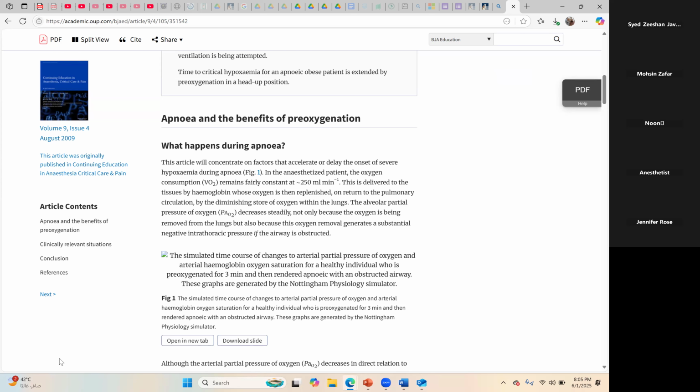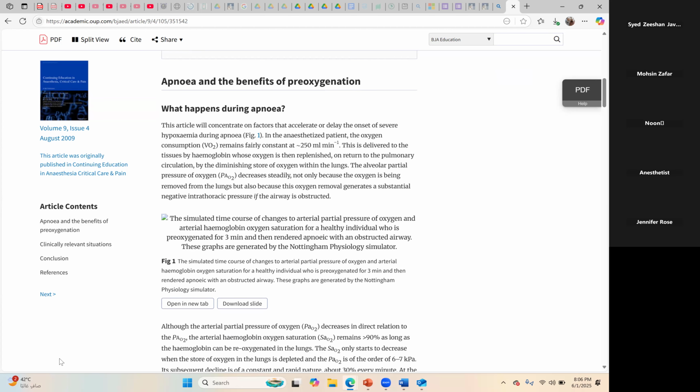Apneic oxygenation may accelerate or delay the onset of severe hypoxemia during apnea. In the anesthetized patient, the oxygen consumption remains fairly constant at 250 ml per minute. This is delivered to the tissues by hemoglobin, whose oxygen is then replenished on return to the pulmonary circulation by the diminishing store of oxygen within the lungs. The alveolar partial pressure decreases steadily, not only because oxygen is being removed from the lungs, but also because this oxygen removal generates a substantial negative intrathoracic pressure if the airway is obstructed.